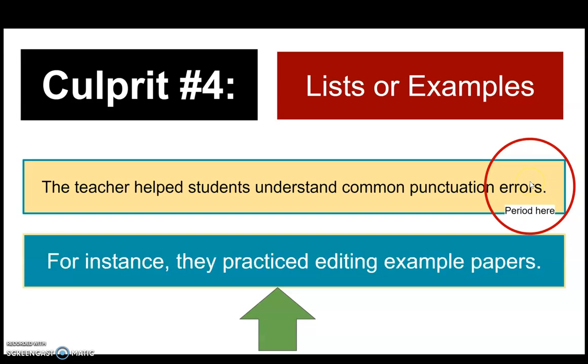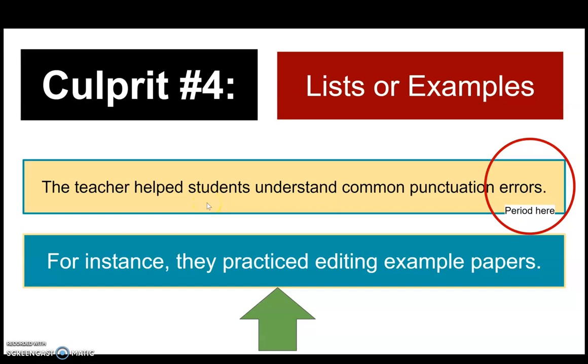You can also set it up this way. The teacher helps students understand common punctuation errors, period. For instance, they practiced editing example papers. Well, what's the difference here? It's an example, right? Well, right here we have our independent clause. They practiced editing example papers.